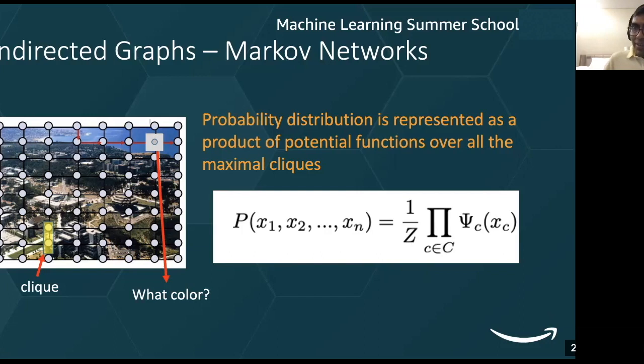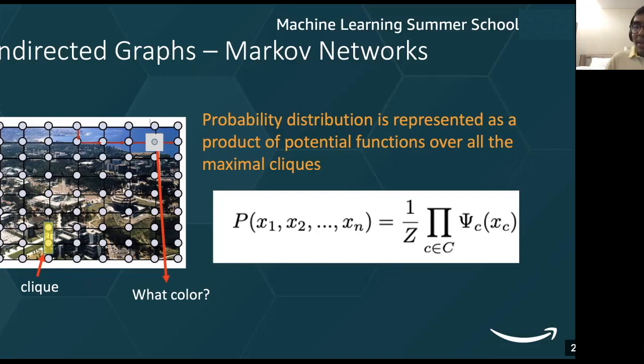The potential functions are something we define, such as, let's say, exponential functions or any other function suitable for our particular purpose. The graphs resulting from such a representation are also often referred to as factor graphs, because the terms in the product are factors which get multiplied to construct the joint distribution.